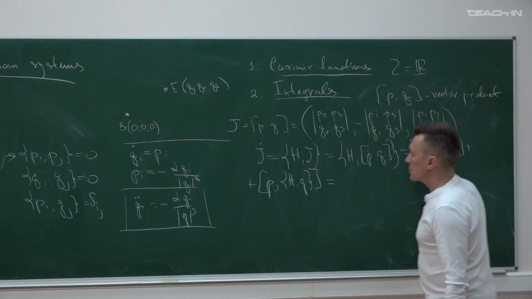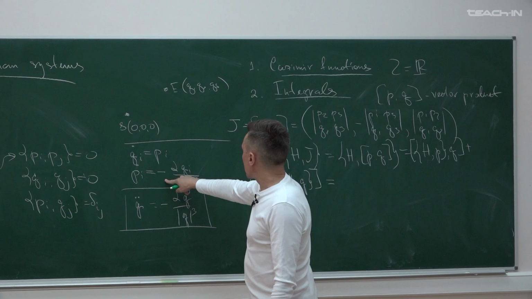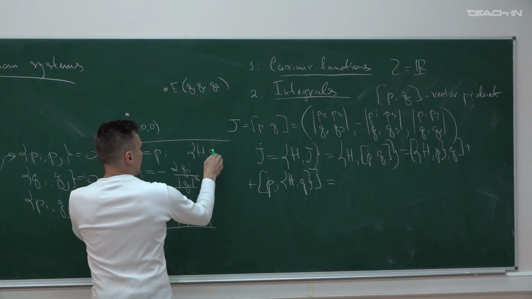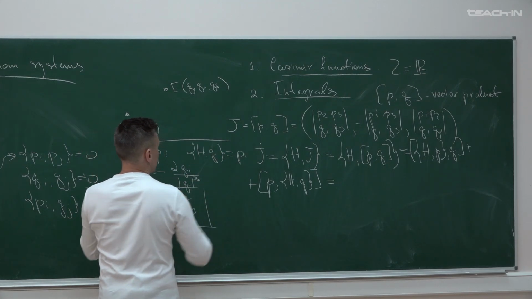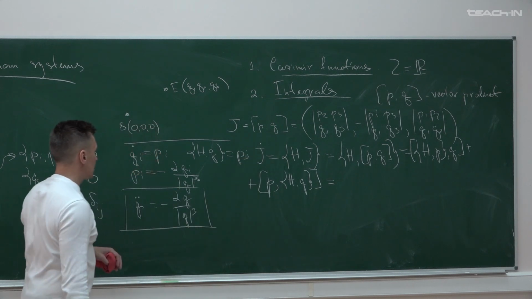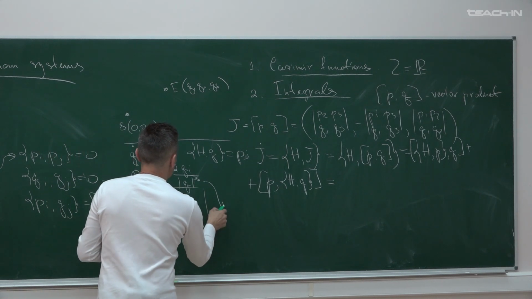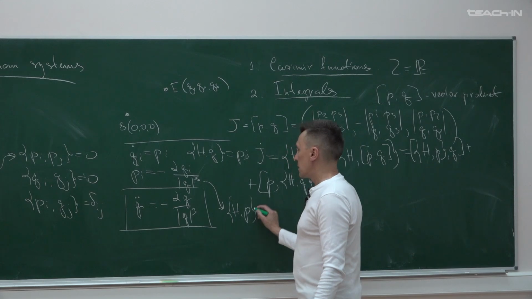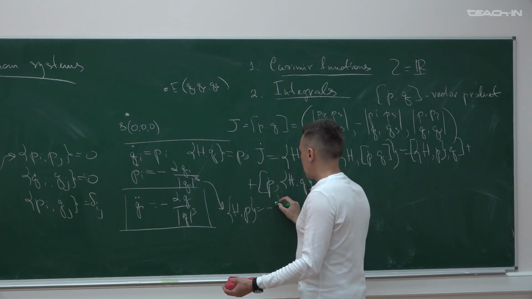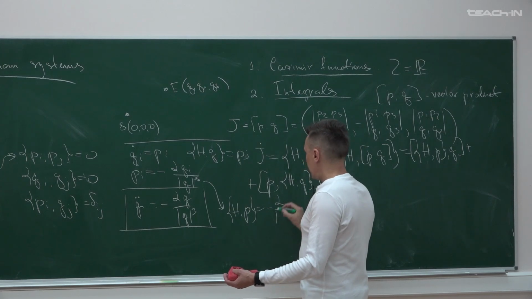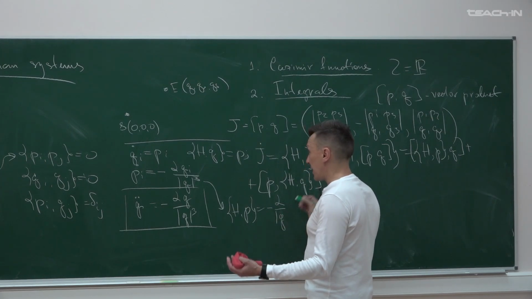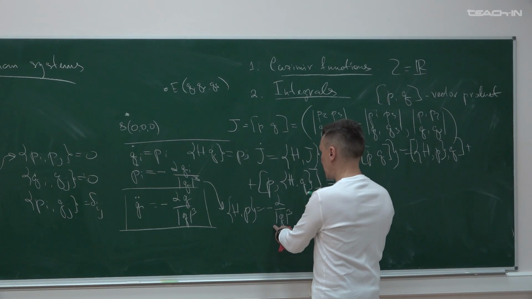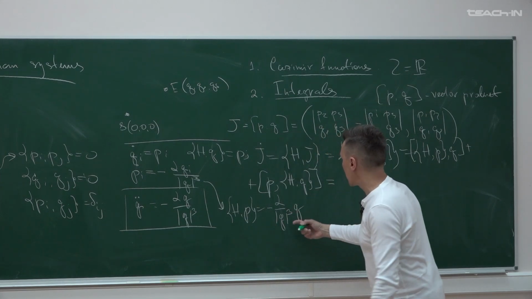And then we will use these formulas in a vector form. So what does it mean? H with the vector q is just the vector p. And H with the vector p is just minus alpha multiplied by a constant, I mean by the scalar function, but here we will have the vector q.